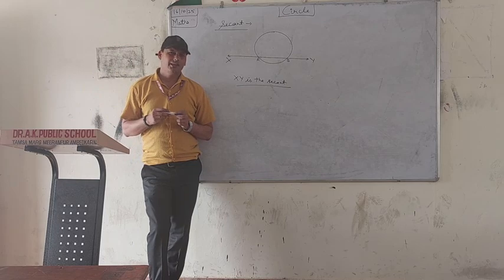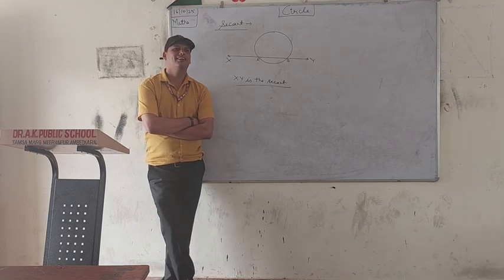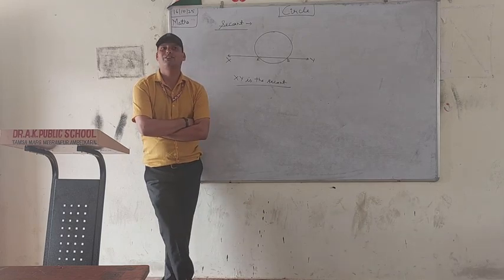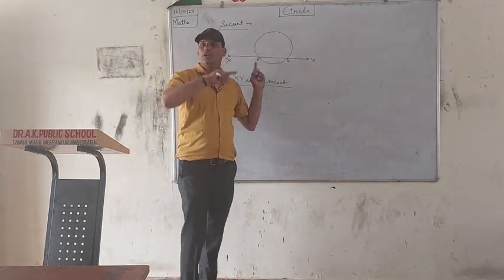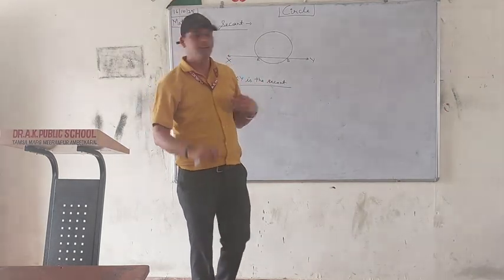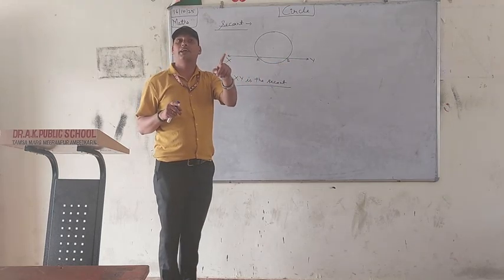But if I ask you what is AB? It is the chord of the circle. Remember, the line segment joining 2 points of the circle. So AB is the chord, but XY is the secant. Remember that.